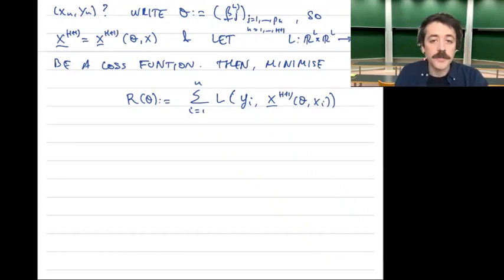Okay, so then we minimize this, and let's give some common choices of the loss function.